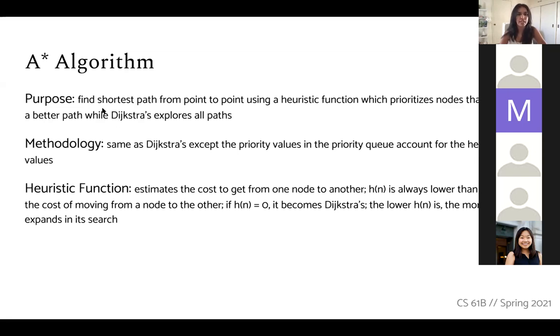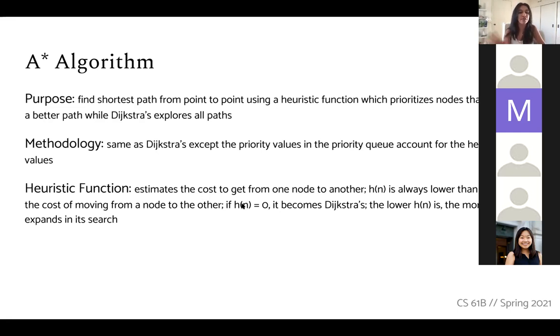So the purpose of the A star algorithm is to find the shortest path from point to point using a heuristic function, which prioritizes nodes that may yield a better path, while Dijkstra's explores all paths, basically what I was saying. And as for the heuristic function, typically you're given the heuristic values. There's no such thing as a heuristic function. There are different ways to calculate heuristics, but for our intents and purposes, heuristic values will be given to you.